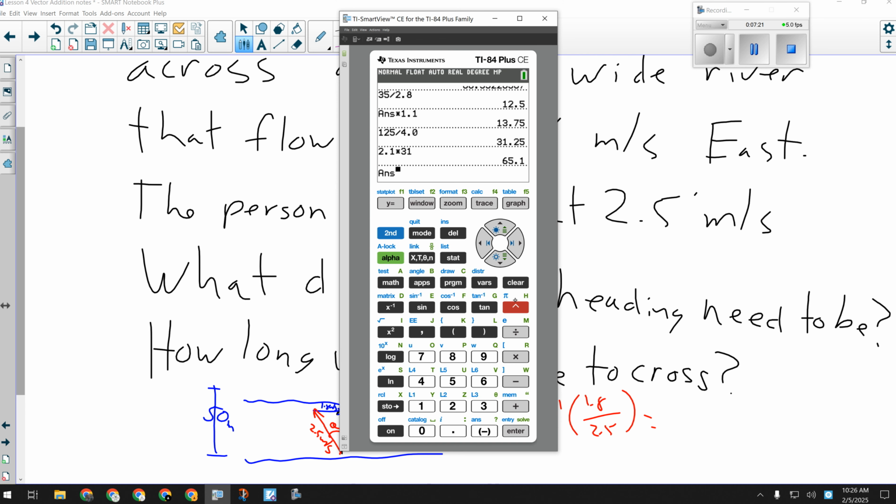So inverse sine of 1.8 divided by 2.5. Whoops, I put it in brackets and it multiplied, which it doesn't know how to do. 1.8 divided by 2.5. Oh man, the struggle is real.